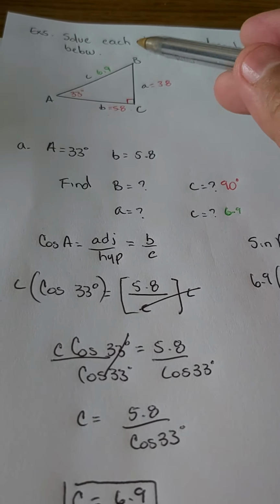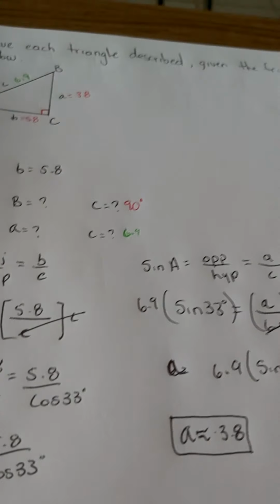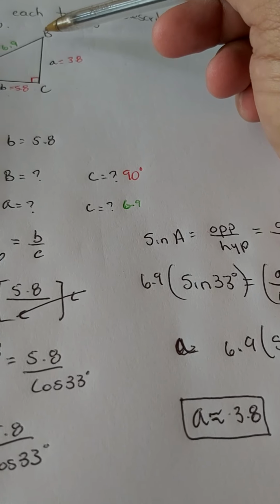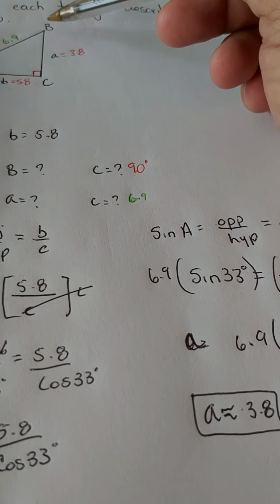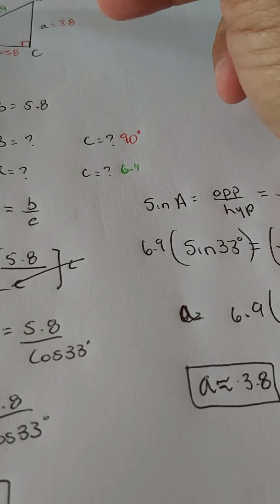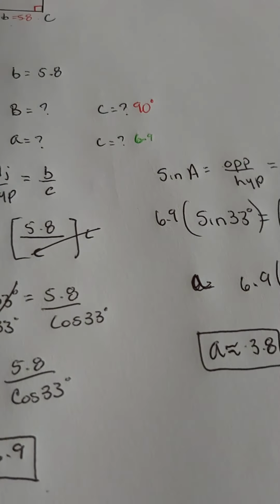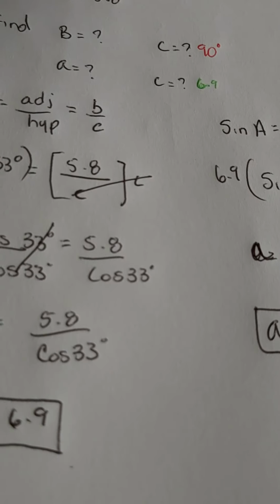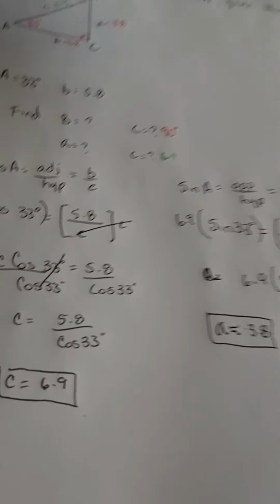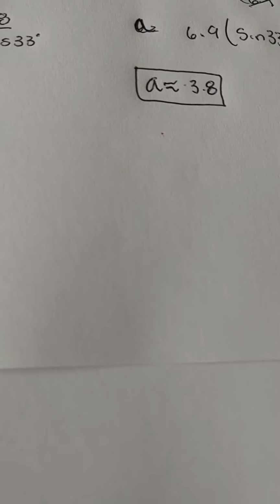We can use the triangle equation, or we could use trigonometric ratios: opposite over hypotenuse, adjacent over hypotenuse, opposite over adjacent. We could use any of those, but the easiest one is to use the triangle equation.